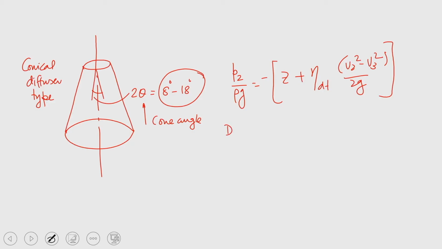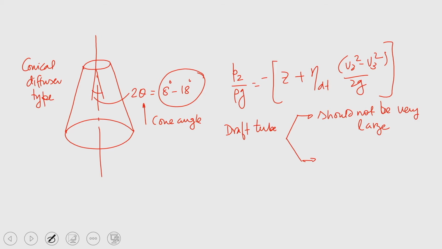So, the draft tube should not be very large, and higher efficiency can be obtained if the frictional loss is less, right.